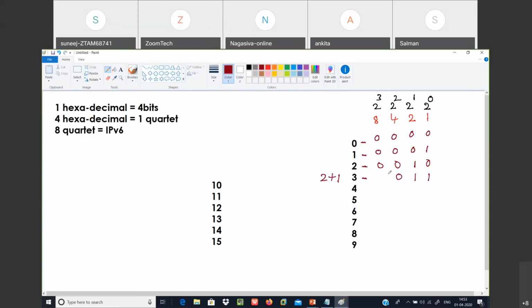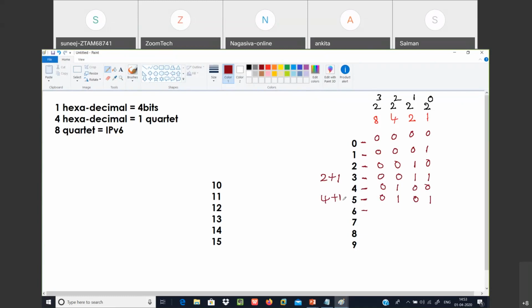Remaining are 0: 0, 0, 1, 1. Example 4: the fourth bit is turned on, remaining are off. 5, how can I write 5? 4 plus 1 is 5, right? Means the 4 bit should be on and 1 should be on. Remaining are turned off.